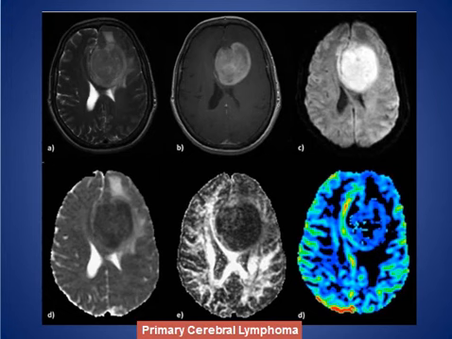And this patient has a high signal intensity mass lesion with peritumoral edema. This is T2, enhancing, and restricted diffusion with increased vascularity, and this is lymphoma.